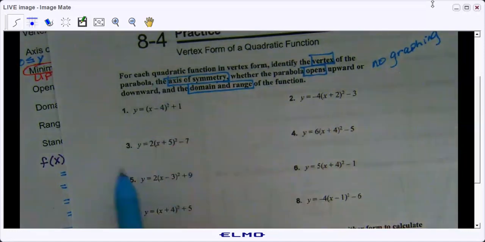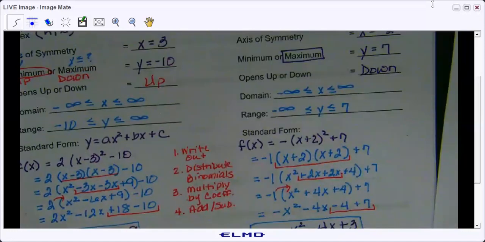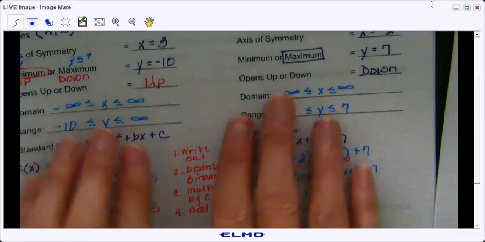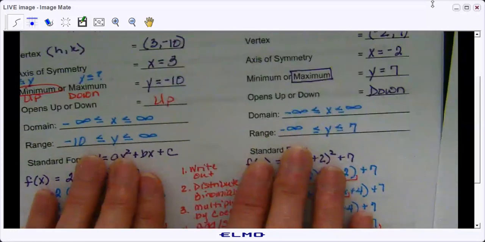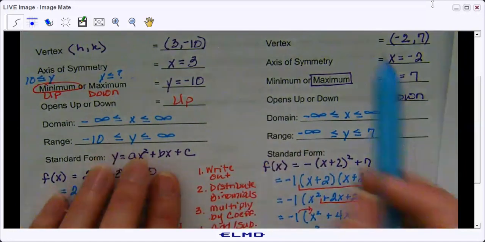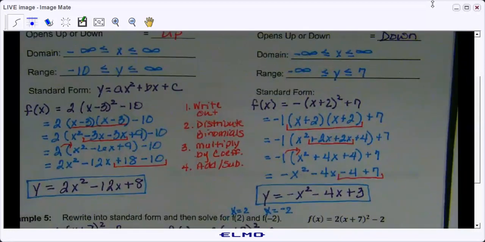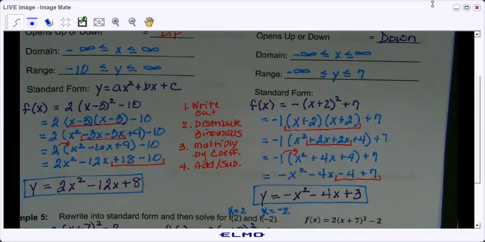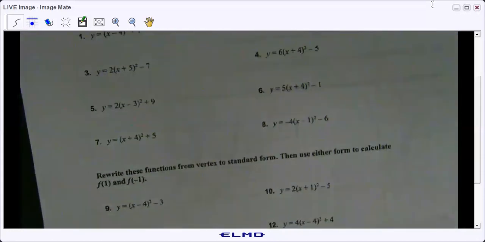All of this for 1 through 8 is what we did right here for examples 3 and 4 without turning it into standard form. Most of this, yes, you will have to do on a separate sheet of paper. I'm just going to say that for everybody, that way I don't have to go back and forth when I grade it.